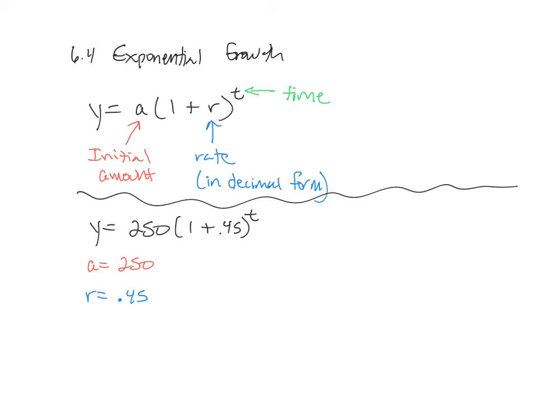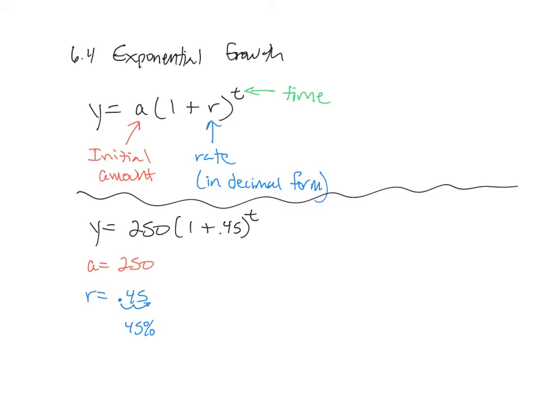So when we take a decimal, we need to move it over 2 spaces no matter what. And so we end up with a rate of 45%. Okay, so those should be simple. It's just what are those problems right there. There's going to be a different version of this decimal thing that I'll show you in a minute. And then it wants you to evaluate when t equals 5.